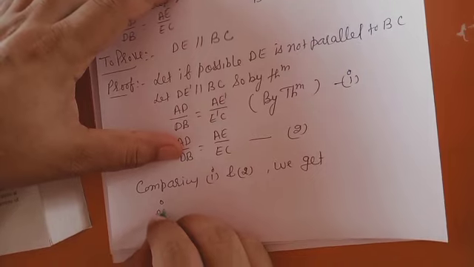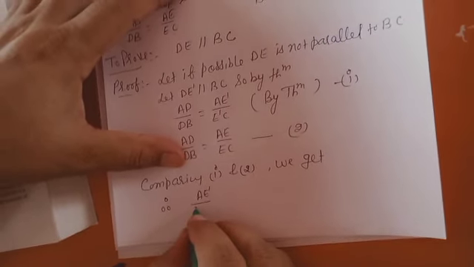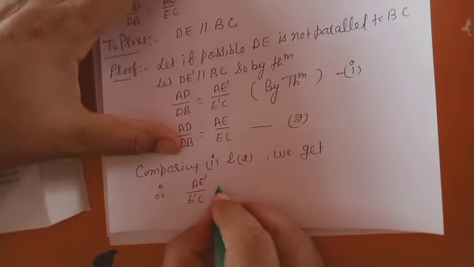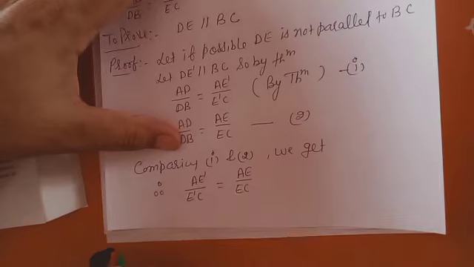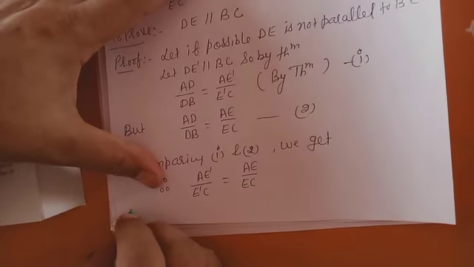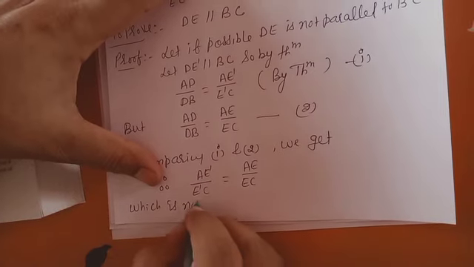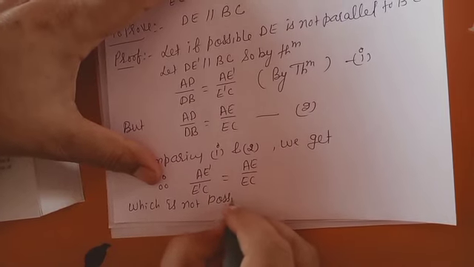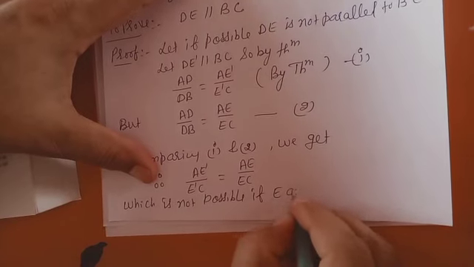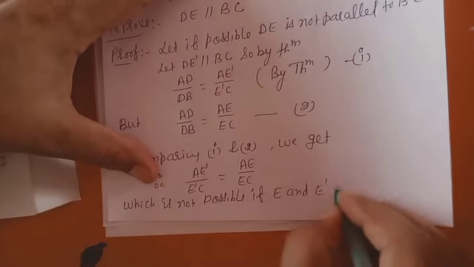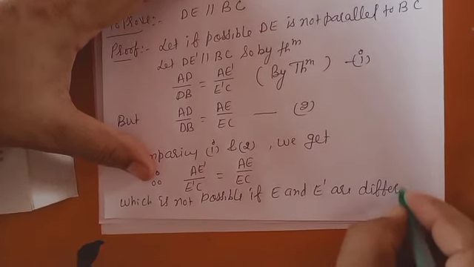Therefore AE dash by E dash C is equal to AE by EC, which is not possible if E and E dash are different points.